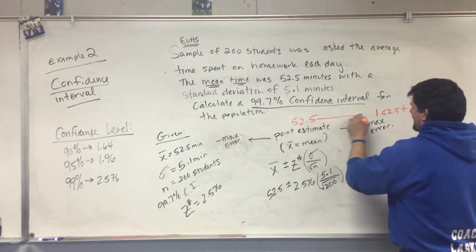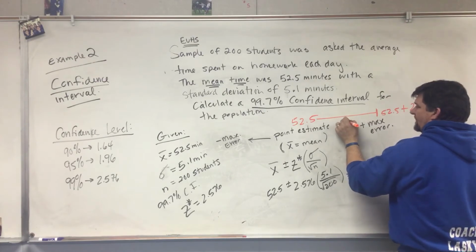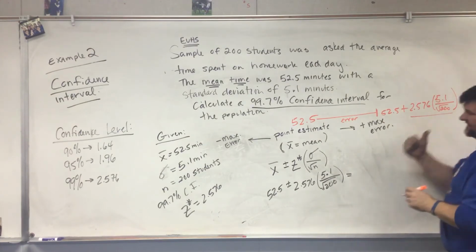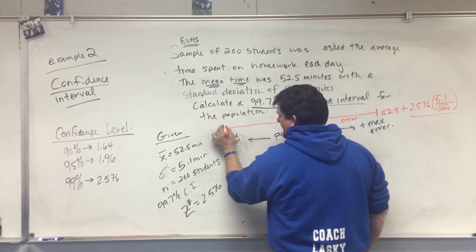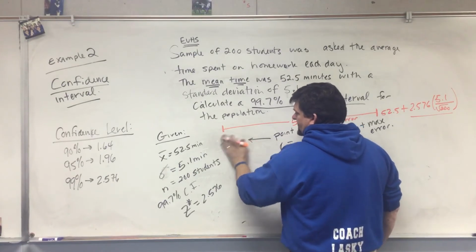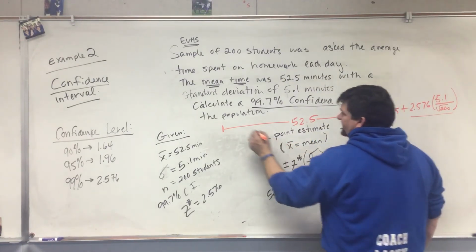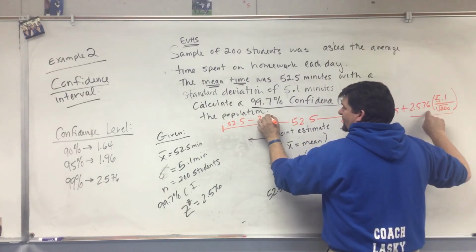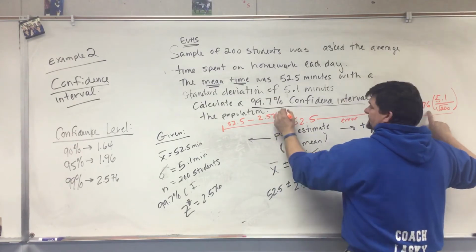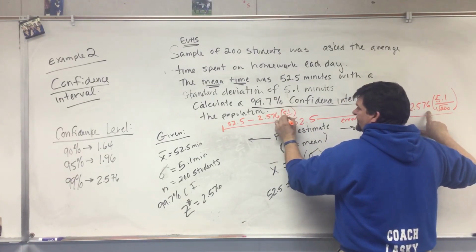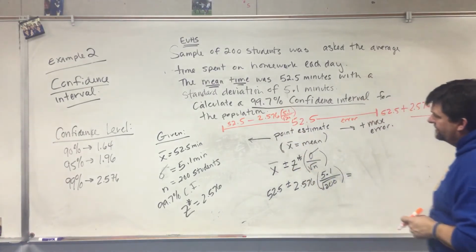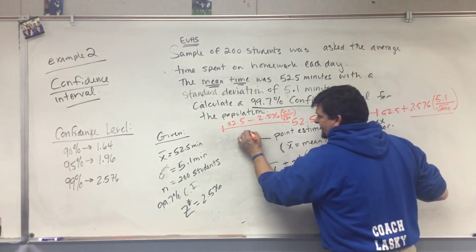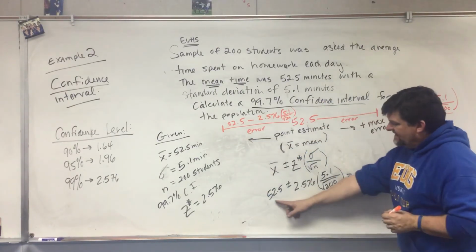That's my error, and I've got to add my error to this side. And then if I go this way, I'm going to subtract my error: 52.5 minus 2.576 times 5.1 over the square root of 200. So we've got our adding of our error and our subtracting of our error. That's what I did right here.